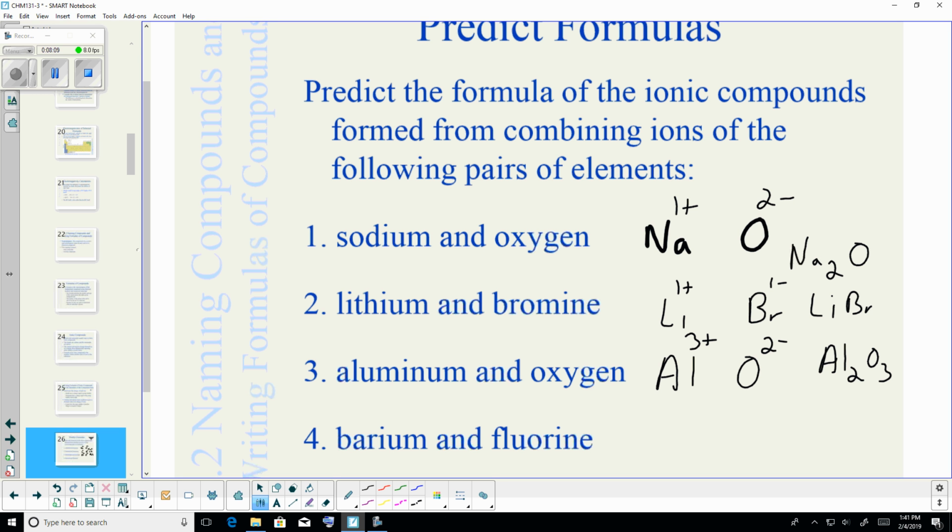Negative 6. 6 plus and 6 minus gives us 0. If it's Al2O, I would have 6 pluses and 2 minuses. I'd have overall 4 plus. It's got to come up to 0.